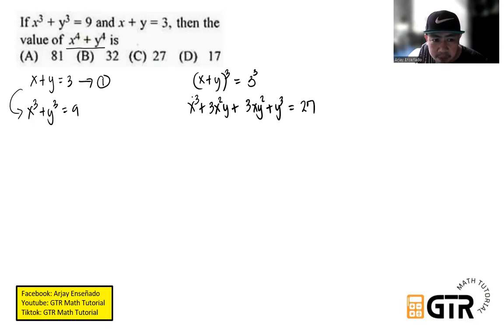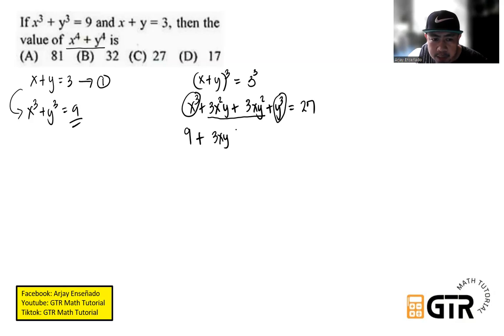Okay, and then we have a value for x cubed plus y cubed. The value of x cubed plus y cubed in the given is 9. So let's substitute that. We have 9, plus, we factor out the common factor of 3x squared y plus 3xy squared, which is 3xy.